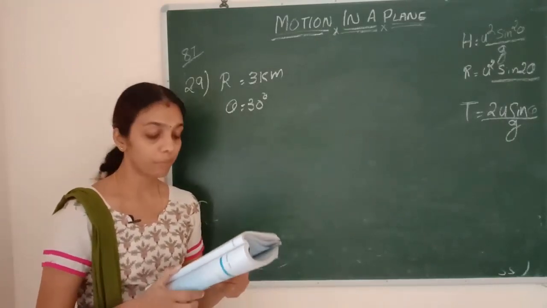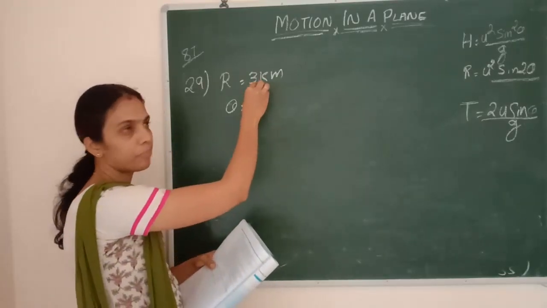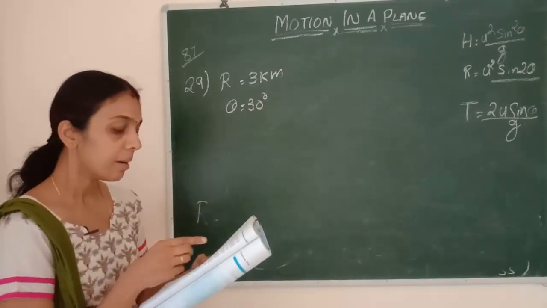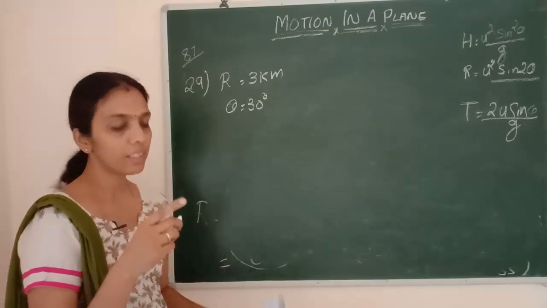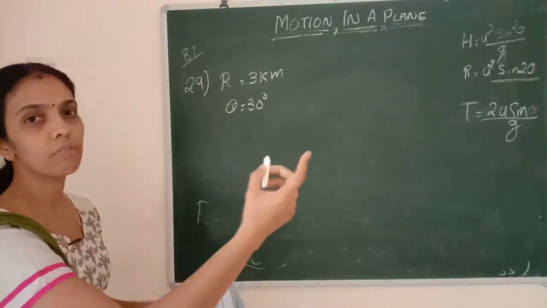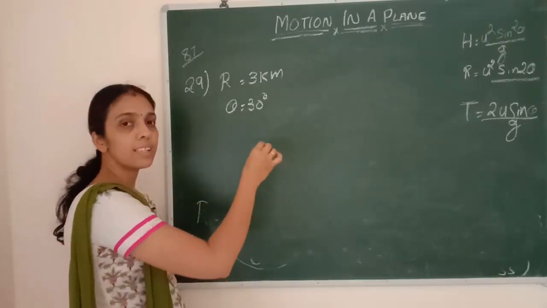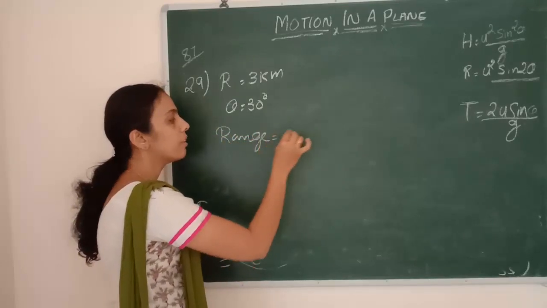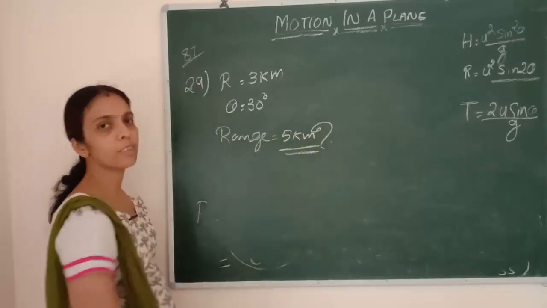So can we make it a distance of 5, now it is at 3 kilometers with theta equal to 30 degree. So is a range of 5 kilometers possible? That is the question.